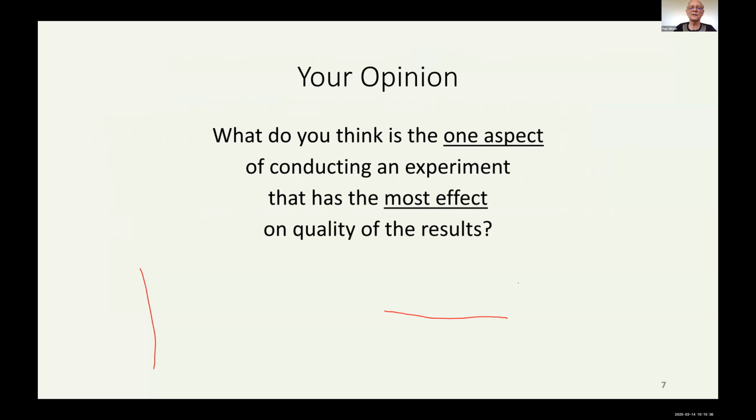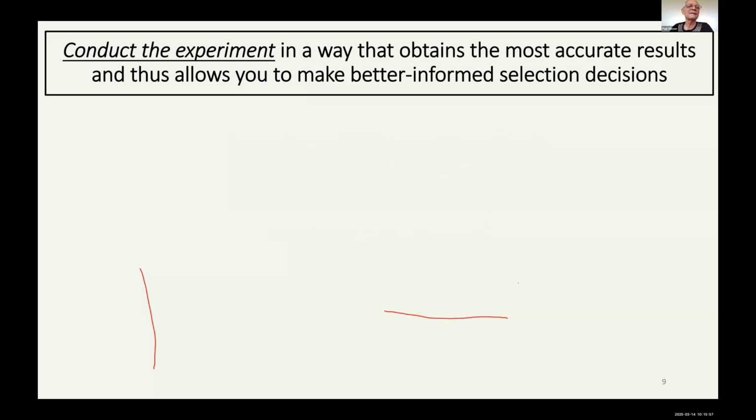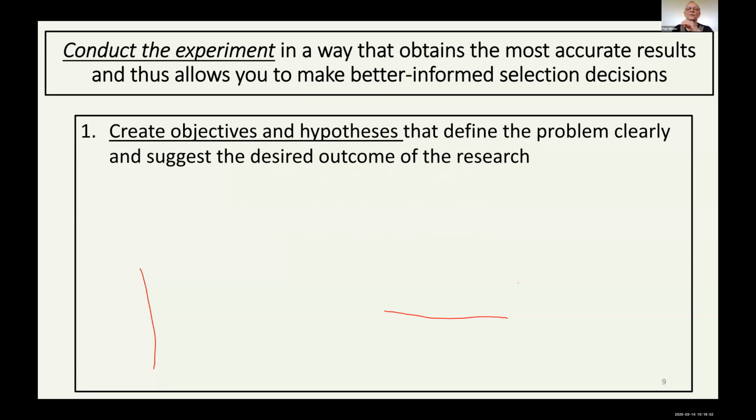What do you think is one aspect of conducting an experiment that has the most effect on quality of the results? And I'll be sharing my thoughts on that, general principles, and that's conducting the experiment so that you get the most accurate results and make more informed decisions.